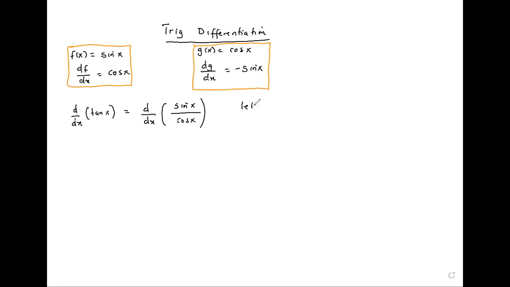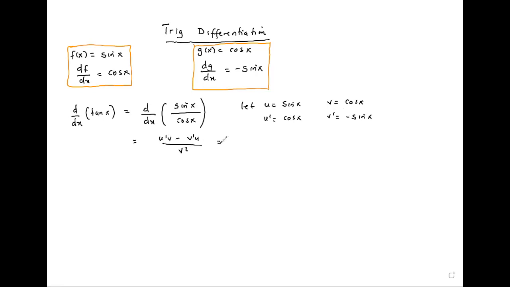We let u be sine x and v be cos x. The derivative of u is cos x, and the derivative of v is negative sine x. So the derivative is u prime v minus v prime u over v squared.